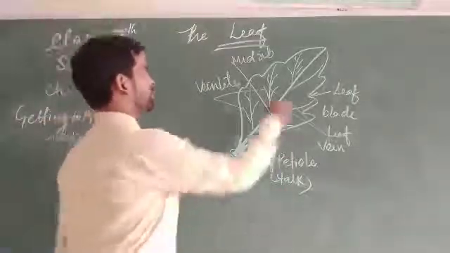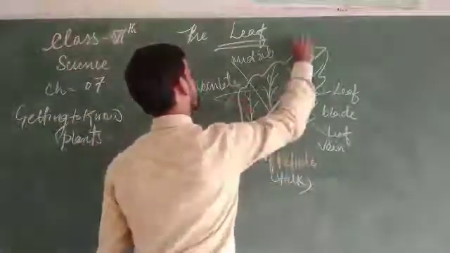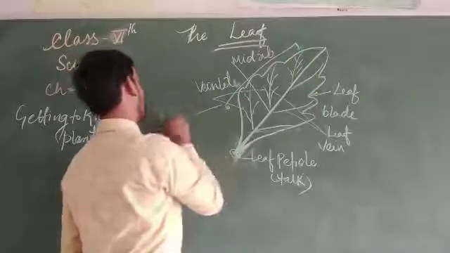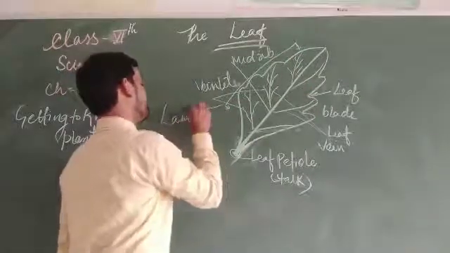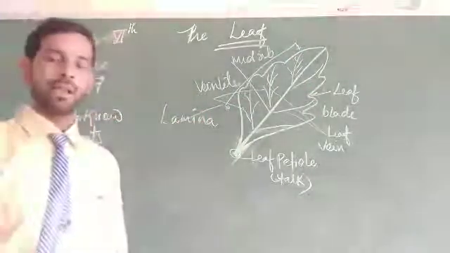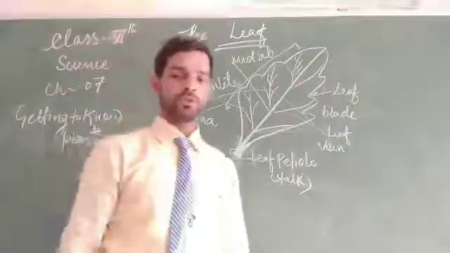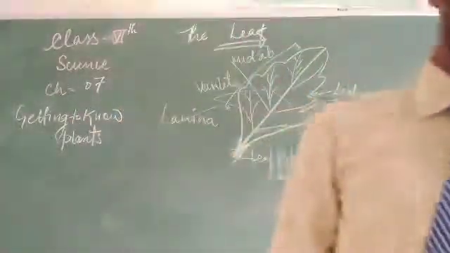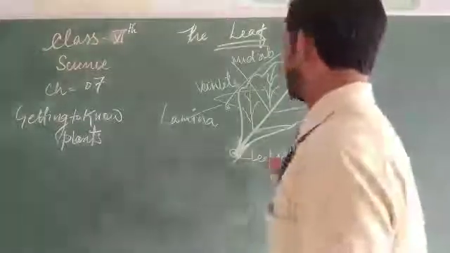The total part from here to here is called the leaf lamina. This one is called the lamina. So these are all about the leaf.